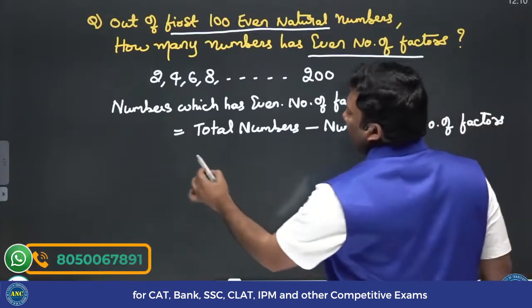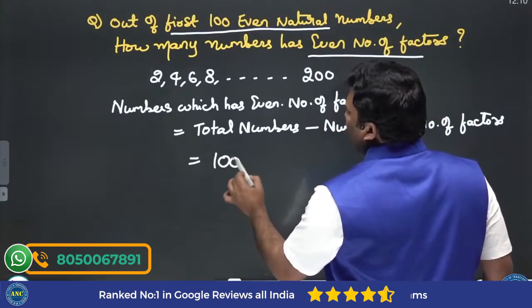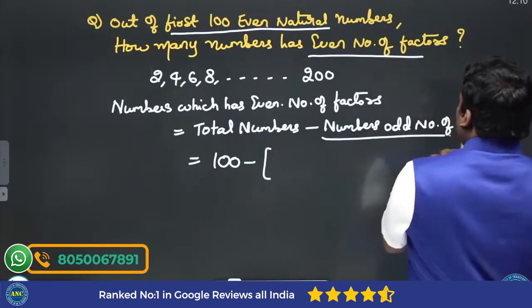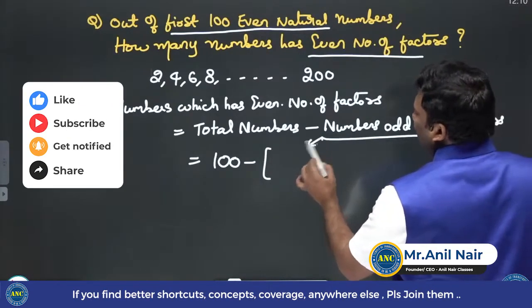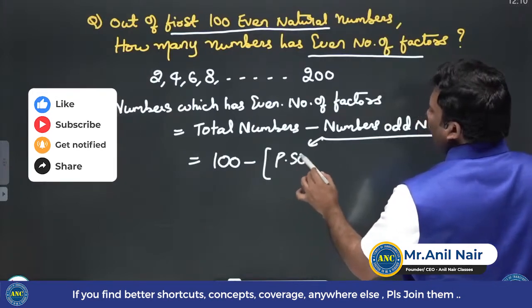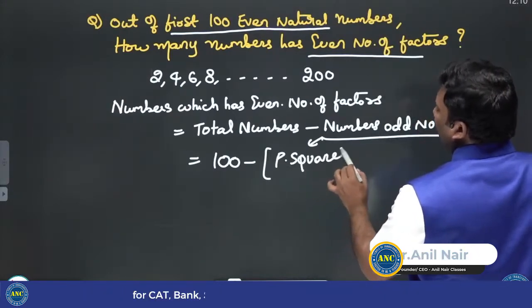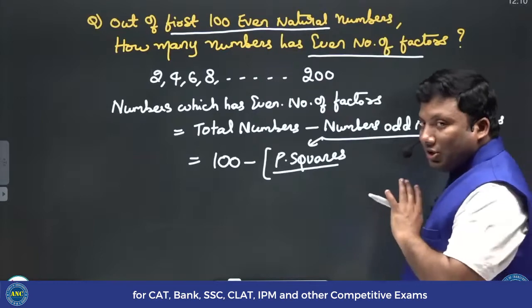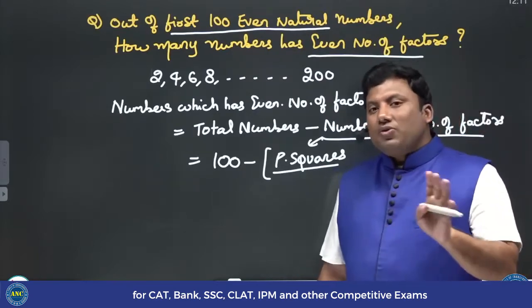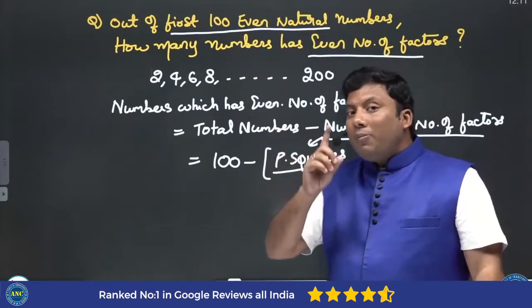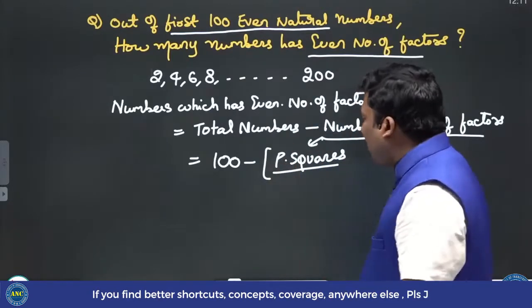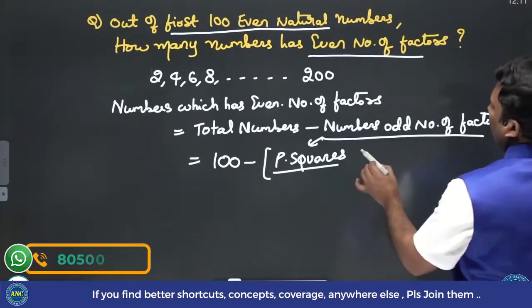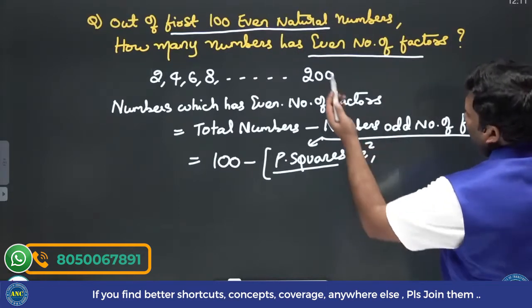Total how many numbers are there? 100 numbers are there. Minus numbers which have an odd number of factors. Numbers which have an odd number of factors are called perfect squares. Please do not take 1 square, 3 square. The question domain is on even numbers. So it will be 2 square. 1 square you cannot take.